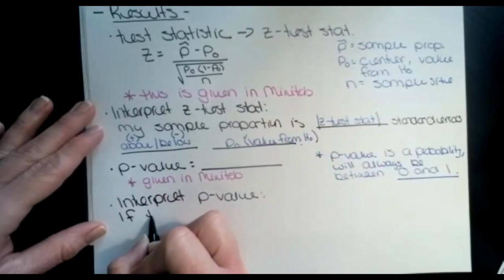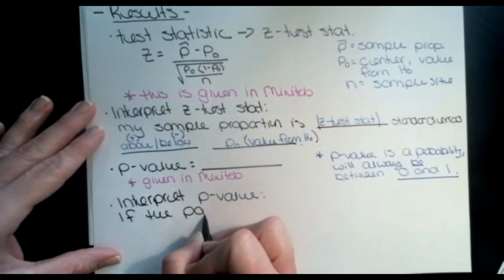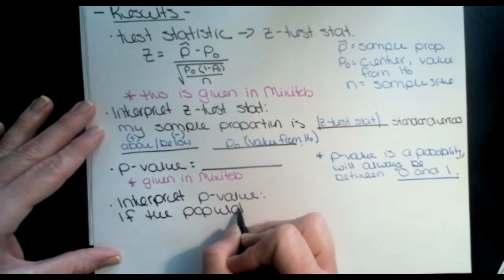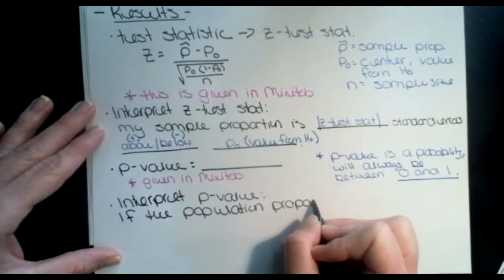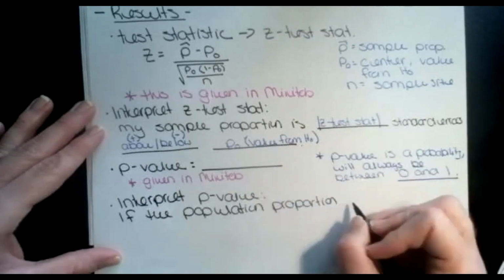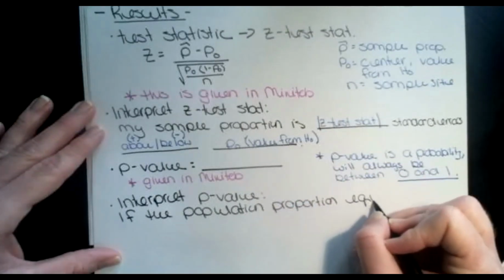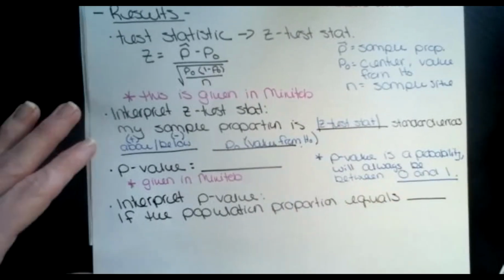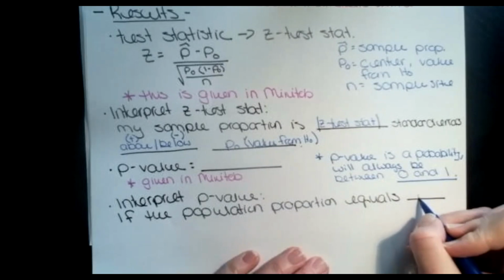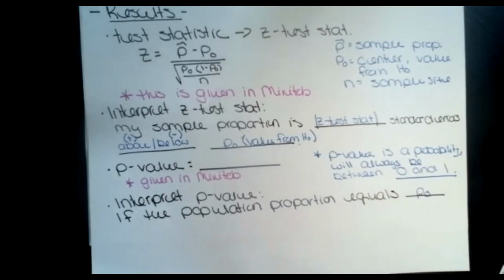So if the population proportion equals the center, and the center, remember, is P naught here. All right.